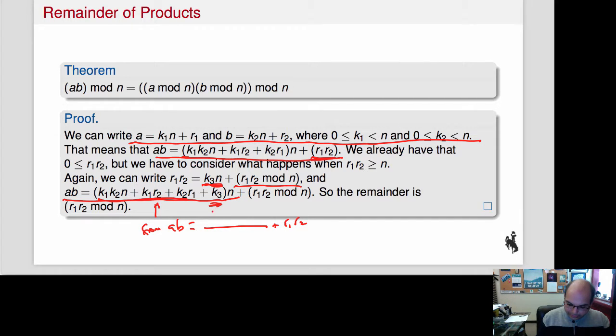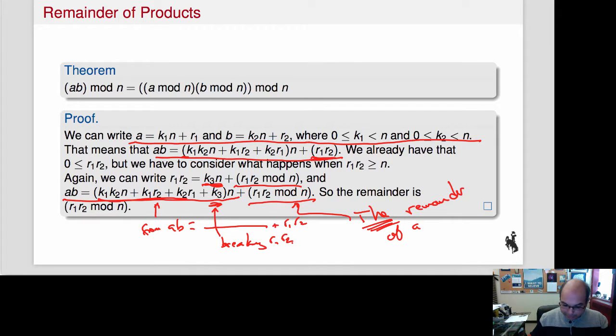And then the k3 is from breaking up r1 r2. So what we're left with must be the remainder of AB mod n. It's unique, again, quotient remainder theorem, right?